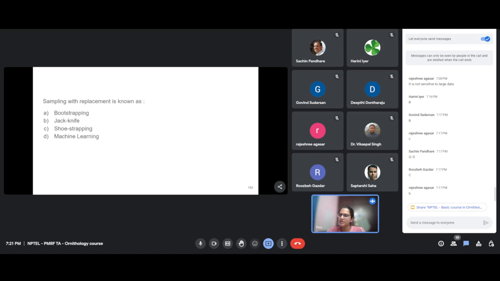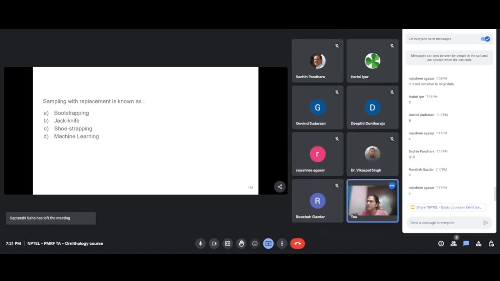Okay, so when we do sampling with replacement, it is known as bootstrapping, jackknifing, shoestrapping, or machine learning.